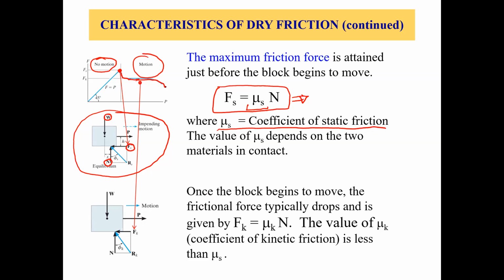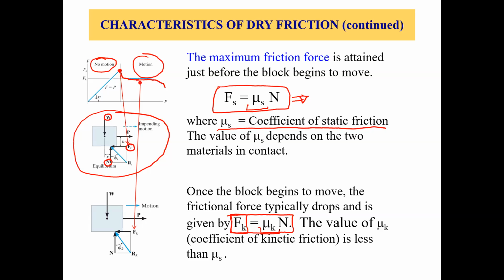So the friction force typically drops and is given by this equation, Fk equals mu k times N. Now, as we discussed earlier, this is the motion zone or the kinetic zone. So that's why we call it Fk, which is the kinetic friction force. And mu k is the coefficient of kinetic friction.